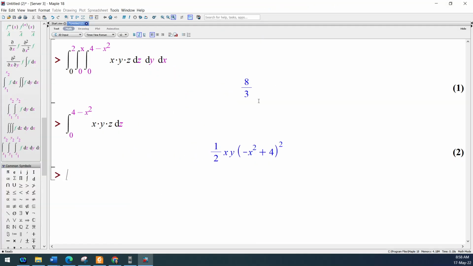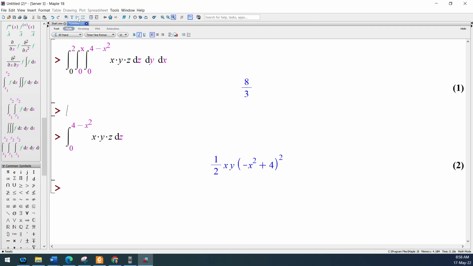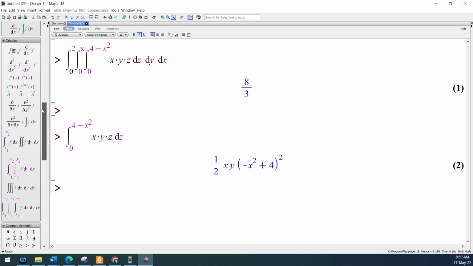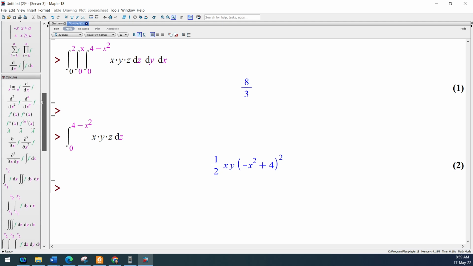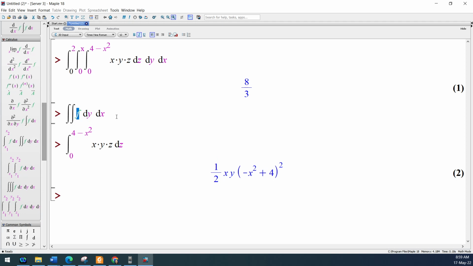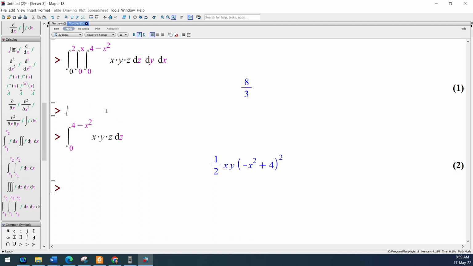You can also have the integral without limit, but here they don't. If you want it without limit, you put integrate.